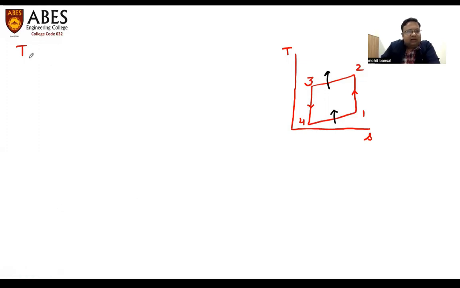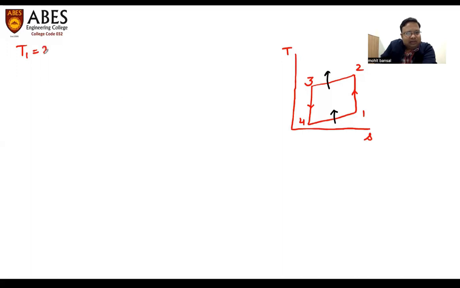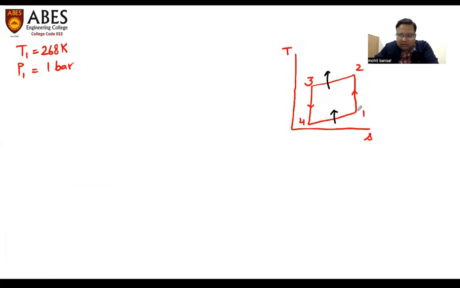So again, writing down the things. T1, which is given to us as 268 Kelvin, and pressure P1 is 1 bar. We all know that in the TS diagram, the pressure lines are of diverging nature. So I'm just drawing this with another color.